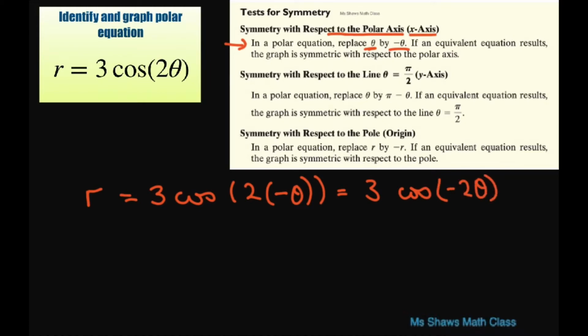Since cosine is an even function, the negative goes away. So basically, we have r equals 3 cosine of 2 theta, which is an equivalent equation to our original. So that means it passes the symmetry test, and our graph will be symmetric with respect to the x-axis.